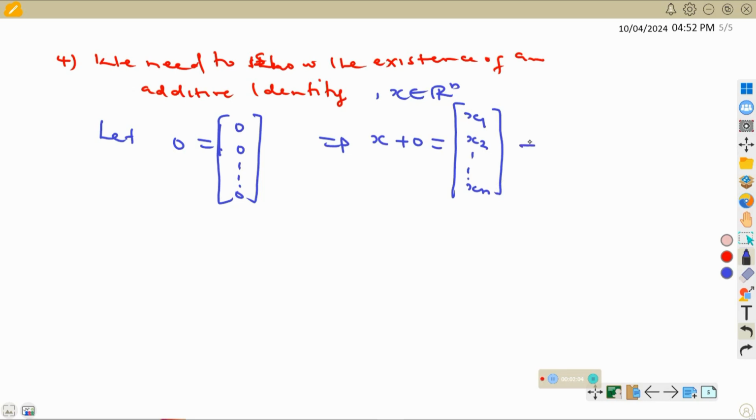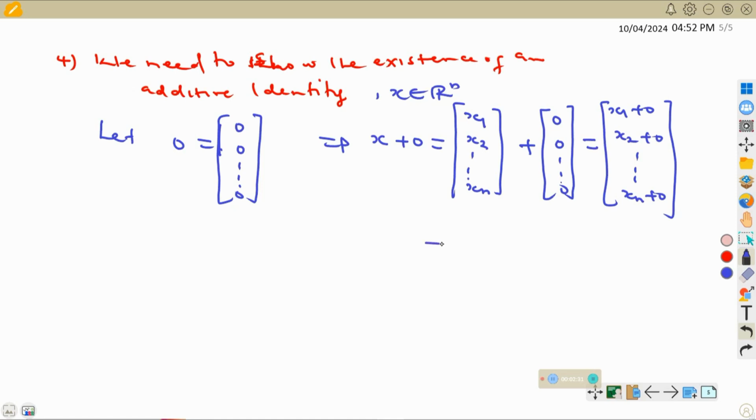So on this we are adding there a 0 vector which is 0, 0. So still you will be adding the corresponding terms or elements, x1 plus 0, x2 plus 0 up to xn plus 0.